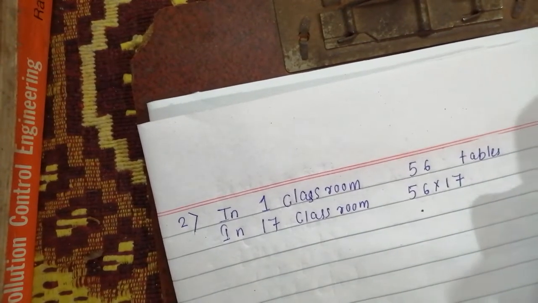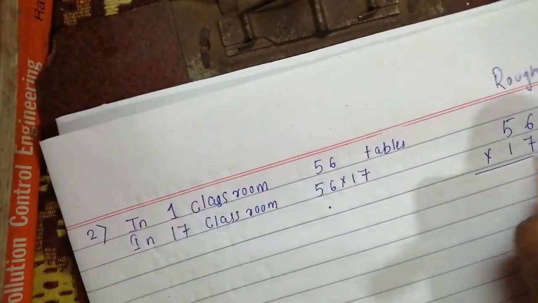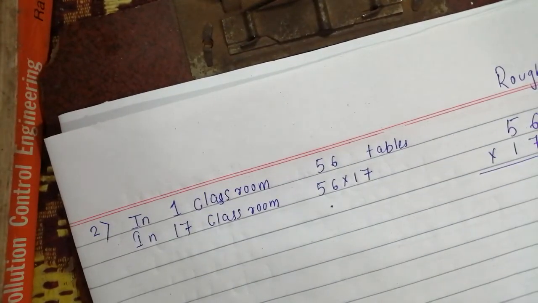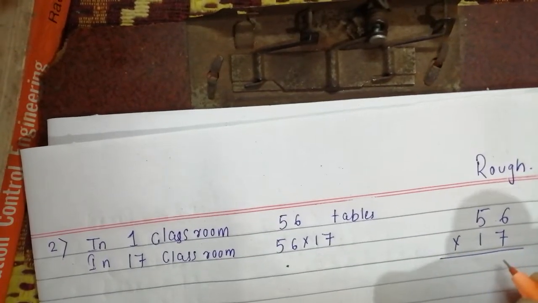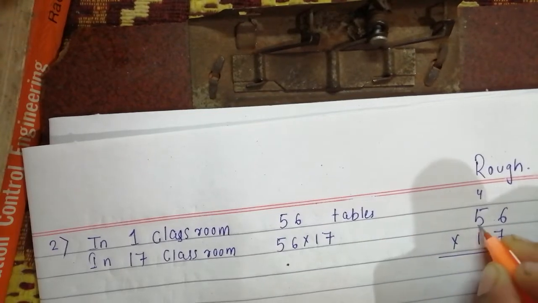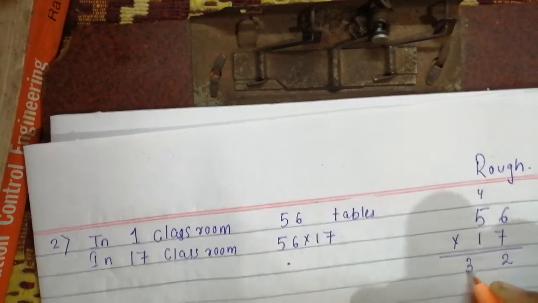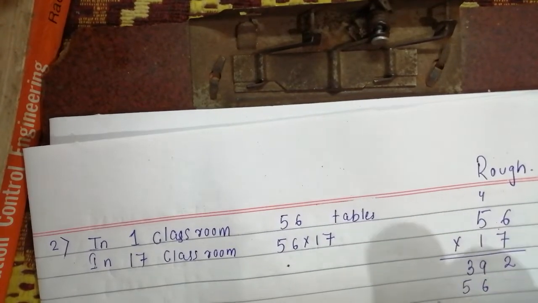56 into 17, you write like this. Six sevens are 42, 2 carry 4, 7 fives are 35 plus 4 is 39. 1 into 6 is 6, 1 into 5 is 5.